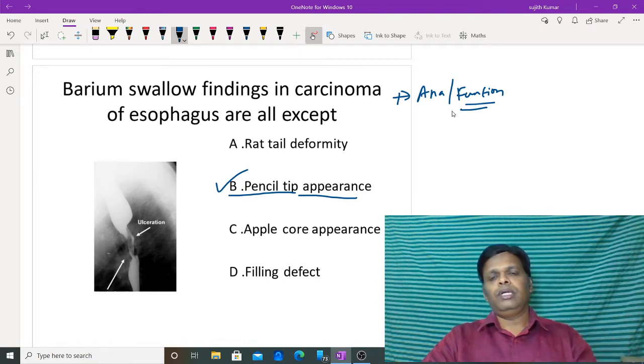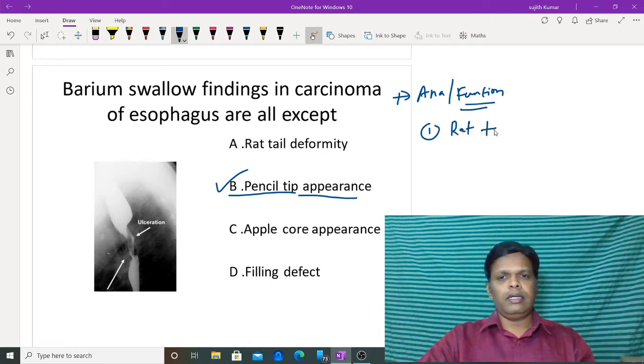After taking the barium swallow in carcinoma of the esophagus, the following findings will be there. Number one is the rat tail deformity. This rat tail sign is commonly seen in achalasia cardia, but here also you can get this rat tail deformity, which is nothing but a filling defect.